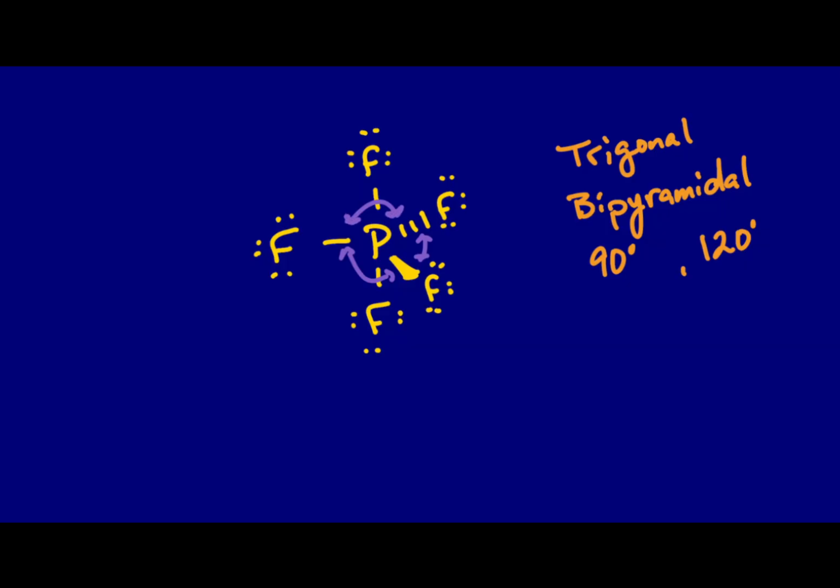We have the fluorine going up and the fluorine going down. Those are both moving in the y-axis, while the 3 that are here are all at the same y value. So they're all basically flat, and we can think about it being almost like trigonal planar, and that is what gives us the 120-degree bond angle.